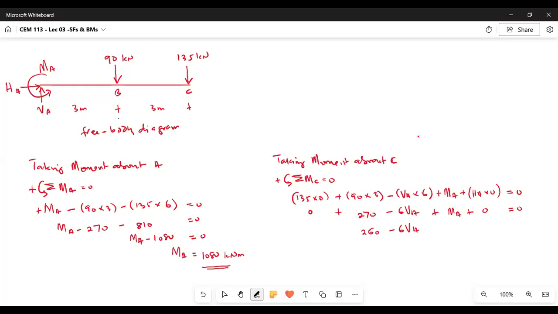Do you realize we have already calculated the MA? The answer was 1080 plus 0 is equal to 0. So if we add 260 plus 1080, that will give us, is there anything wrong somewhere?